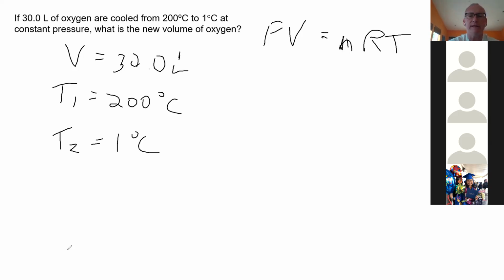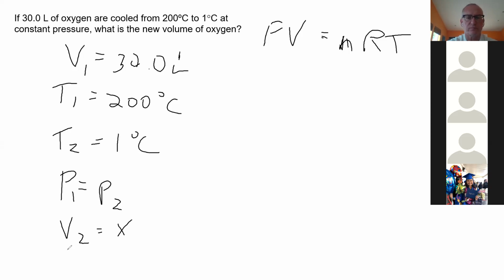And the pressure is constant, so P1 is equal to P2. It's basically asking us for V2. So if V1 is 30 liters, V2 is X. We don't know what it is. So we have pretty much all the information we need to figure out what's going on.